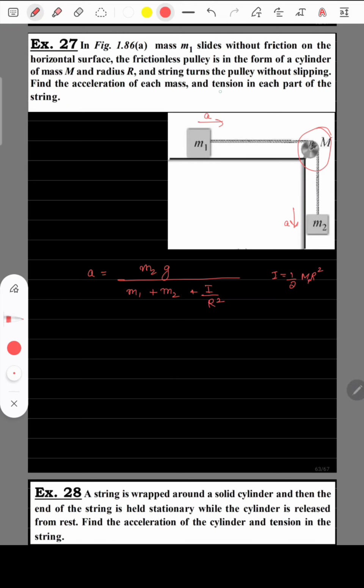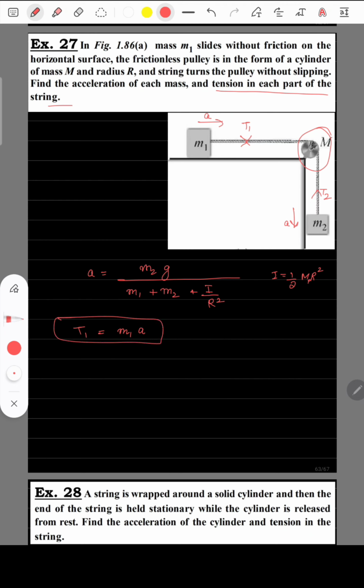In order to calculate the tension in each part of the string, let T1 be this tension and T2 be this tension. T1 can be written as, for the block m1, T1 is nothing but m1 into a.